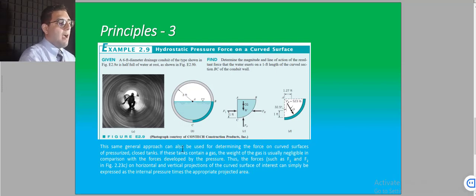If we have gas in the containers, the weight of the gas is so negligible that we can use the previous formulation, but it is required to make many more assumptions about that.